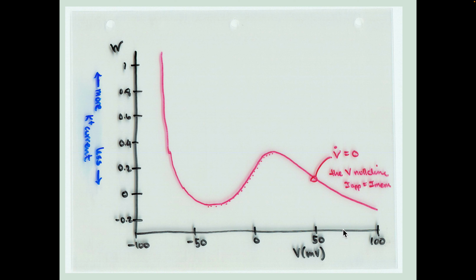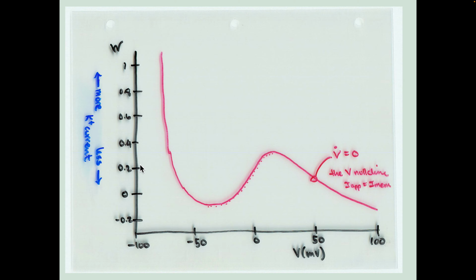So, for example, if the potassium current gating variable was quite large and all of them were open, then for that value of W, the steady state voltage is relatively hyperpolarized, and there is only one steady state for this value of W.